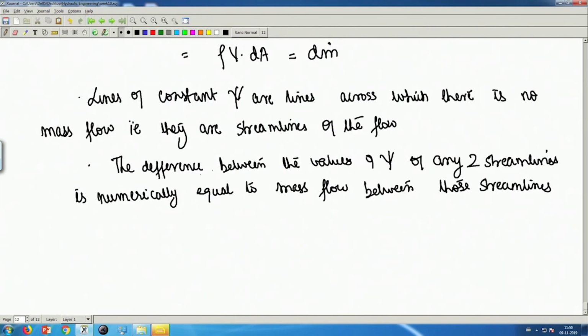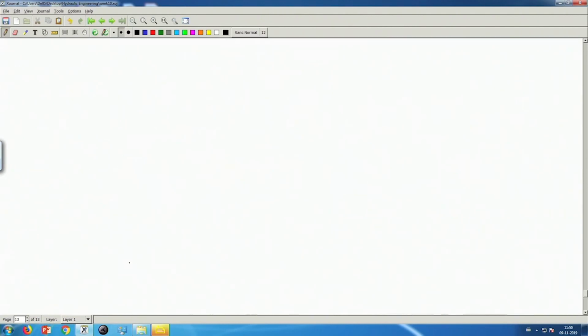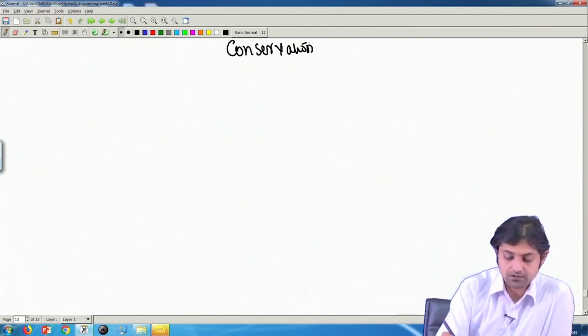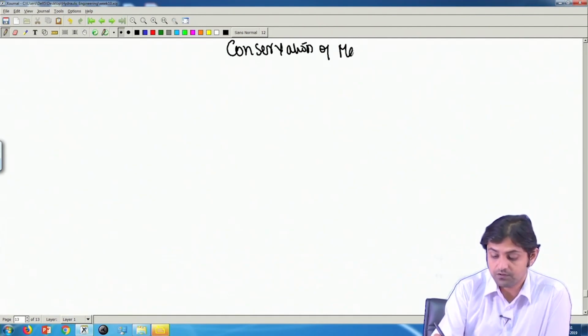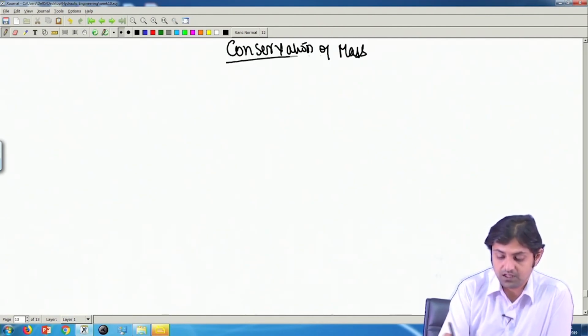So I think it's the right time to start the new page. All right. So we write conservation of mass.